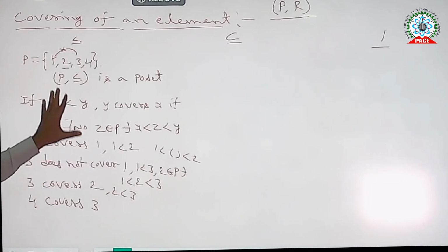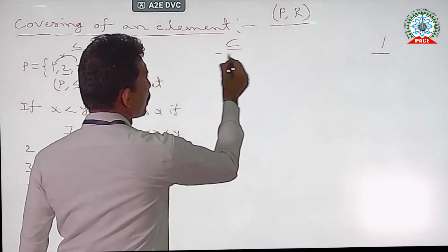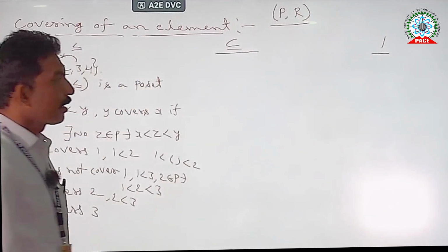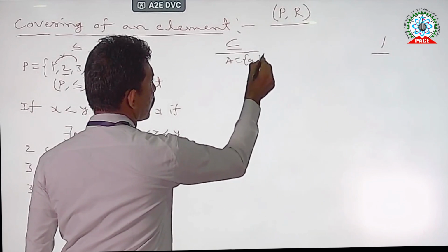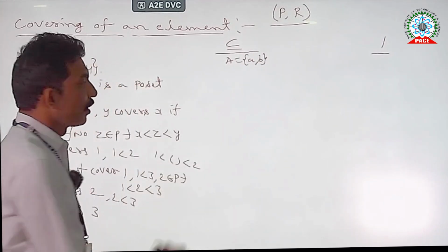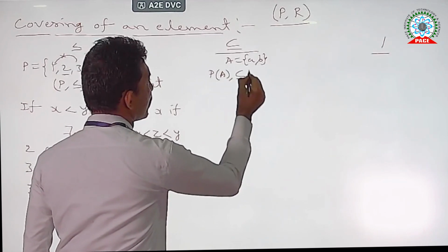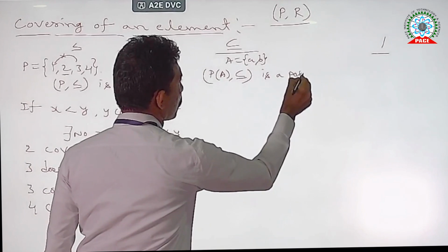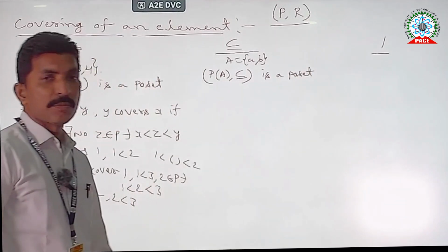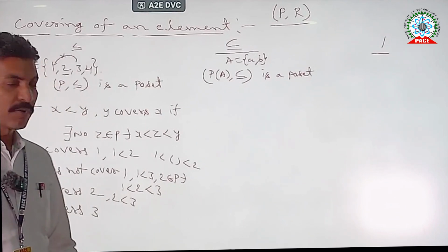When coming to the subset relation, we take capital A is a finite set A comma B, and then the power set of A comma subset is a poset, because subset is a partially ordered relation. It satisfies reflexive, antisymmetric and transitive.